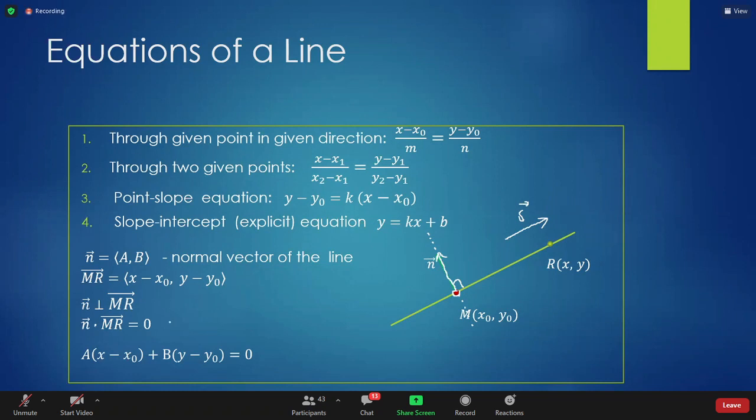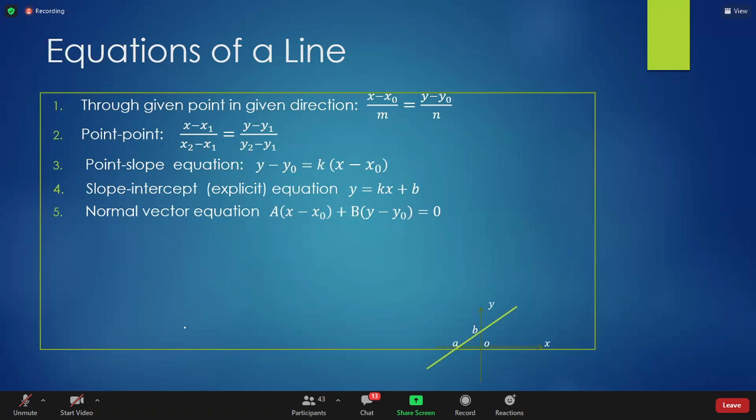Vector n times vector MR, the scalar product, must be equal to 0 because we demand that these vectors are always perpendicular. And so we have a normal vector equation of a line.